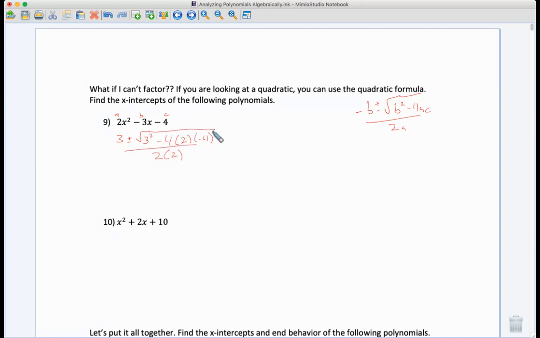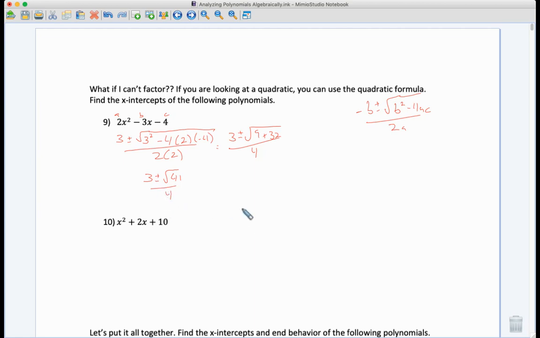So simplifying that, I have 3 plus or minus the square root of 3 squared, which is 9. Negative 4 times 2 is negative 8, and negative 8 times negative 4 is a positive 32. All over 4. So if I clean that up a little bit, that will be 3 plus or minus the square root of 41 over 4.